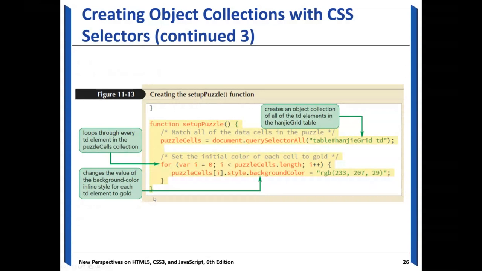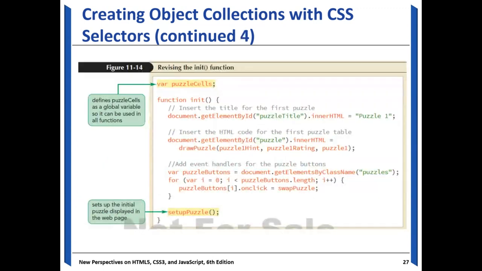So this is going to loop through every TD element, and we're changing the puzzleCells style backgroundColor value there. This code here is just revising the init function. This is what you'll work through in your chapter reading.